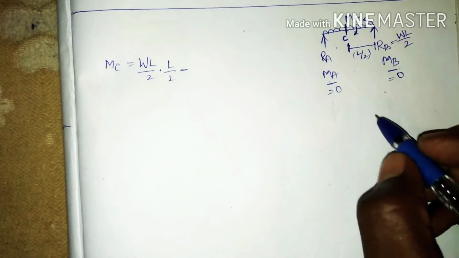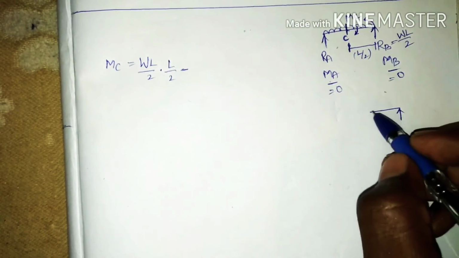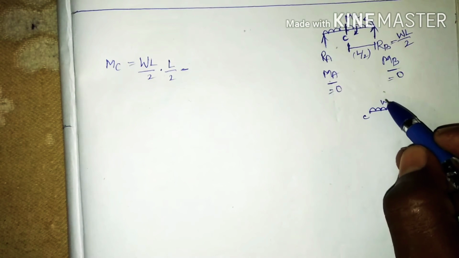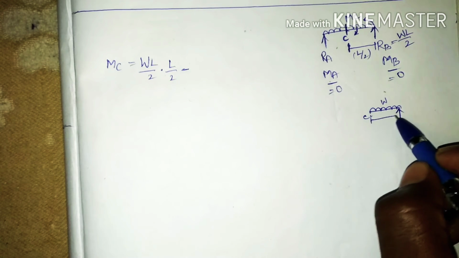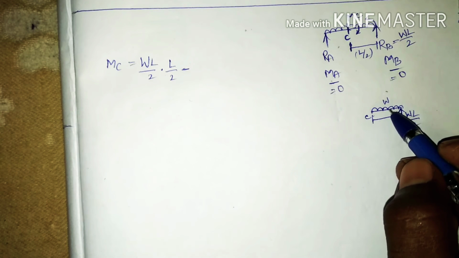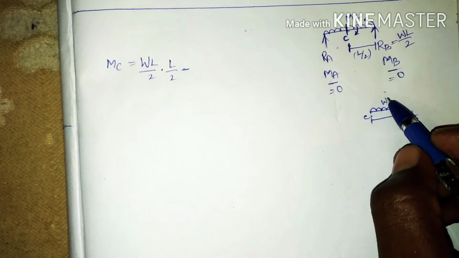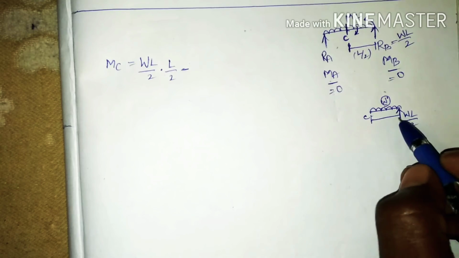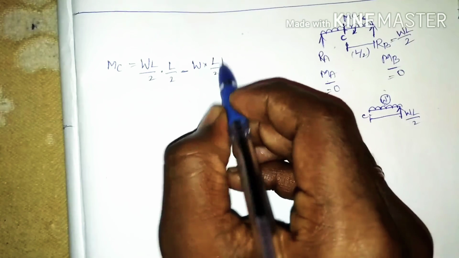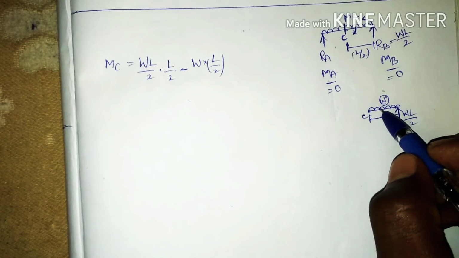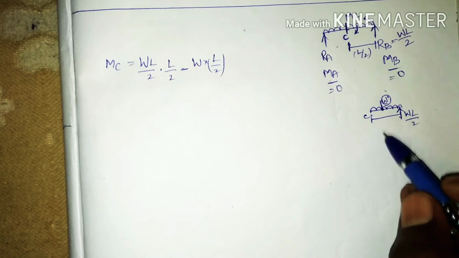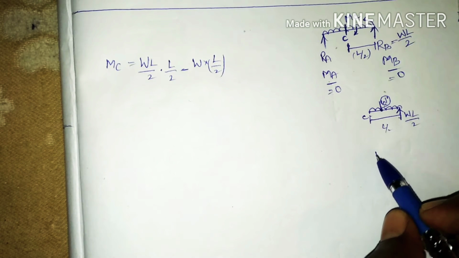Here we are going to have only this reaction. This is C, and this is W kilonewton and this is WL by 2. W is multiplied with L by 2 because it has to be converted to a point load.